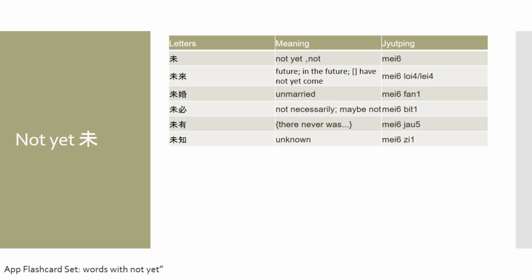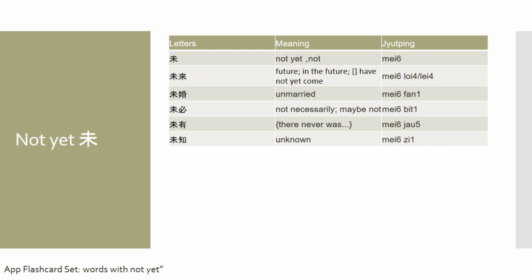And the last Chinese character that I want to talk about is the Chinese character that means not yet. And in Cantonese, it is pronounced mei. If it's associated with other Chinese characters, it actually produces other words with different meanings. For example, future in Cantonese is mei loi.